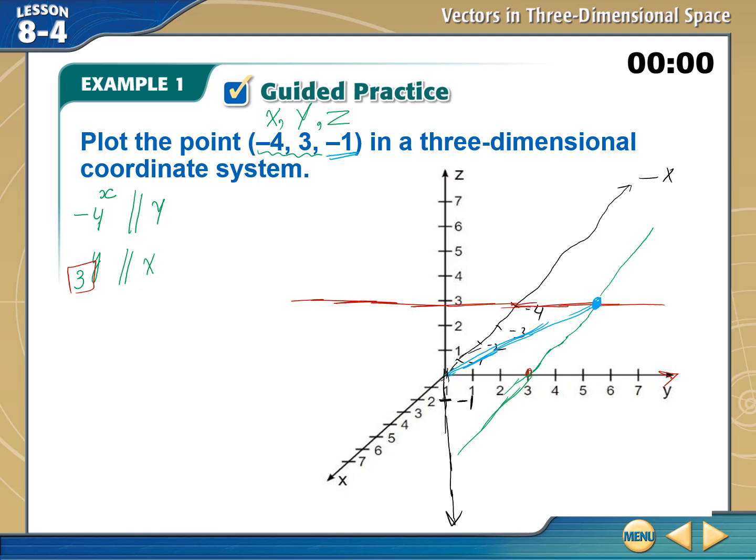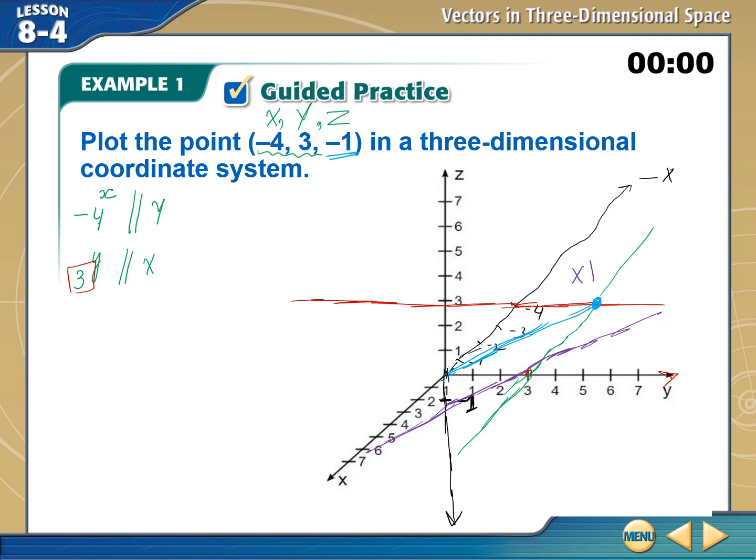Now on this one, make a line parallel to this blue line. So I am making a line from the point on the z-axis parallel to this blue line. But this is not our answer.